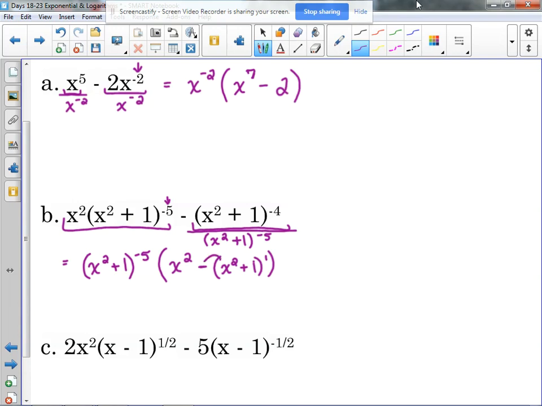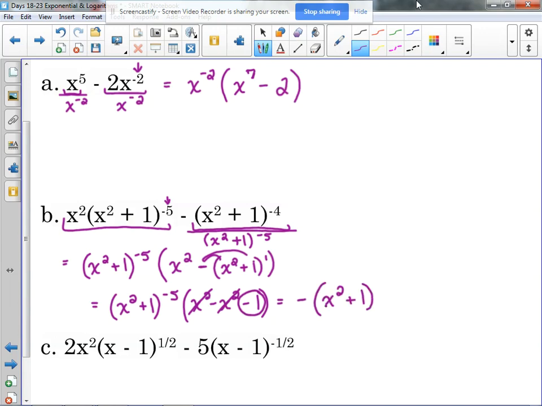So we do need to apply that negative in our parentheses here. So we get x squared minus x squared minus 1. So really those x squareds cancel. And all we're left with is that negative 1.